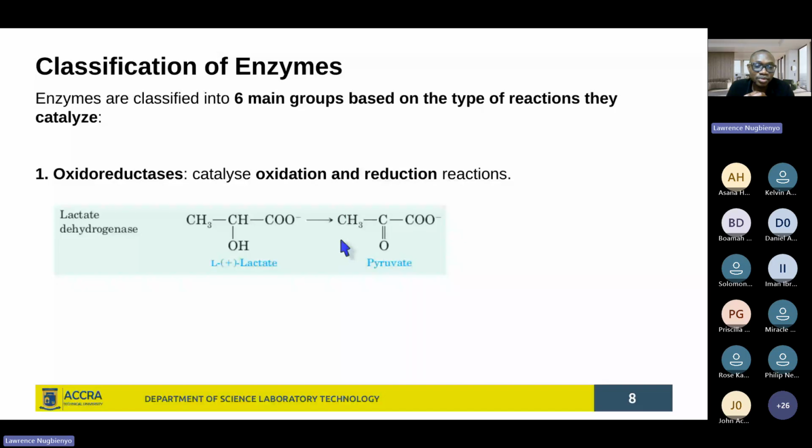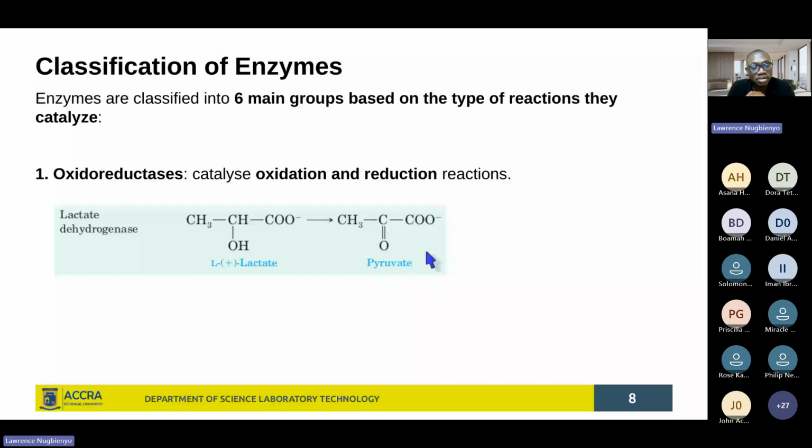The product that is forming is pyruvate, and in place of that hydroxyl group, you see a double bond O. So the hydrogen is given out. That's an oxidation reaction occurring from lactate to pyruvate. The enzyme that is doing that is lactate dehydrogenase. So lactate is the substrate, and dehydrogenase, you see, hydrogen is gone.